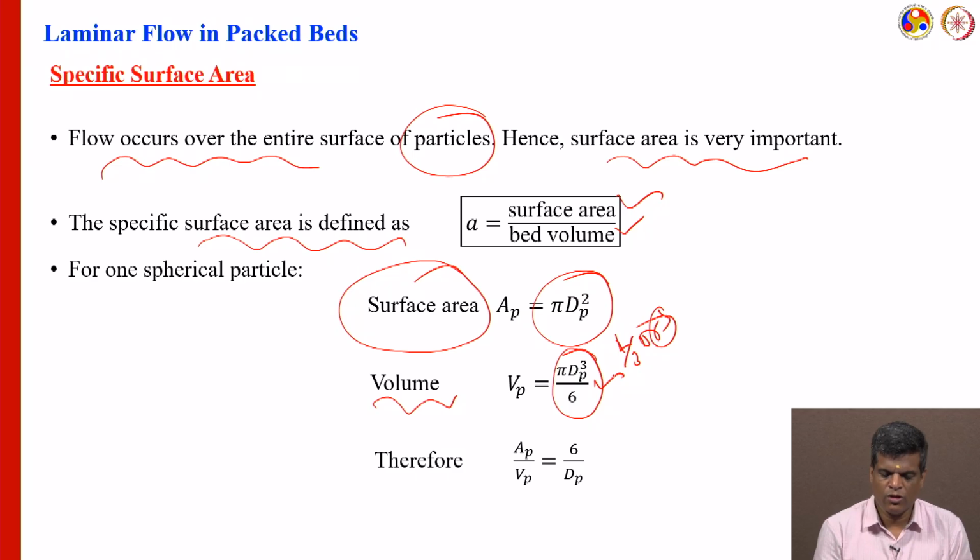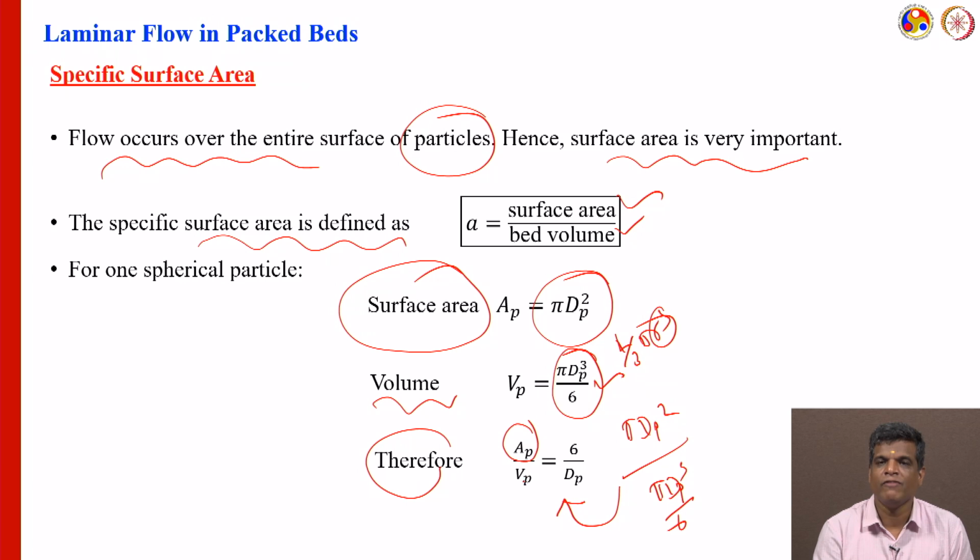So, the area Ap is pi dp square, and the volume is pi dp cube by 6. After solving, the ratio of area Ap by volume Vp gives 6 by dp.